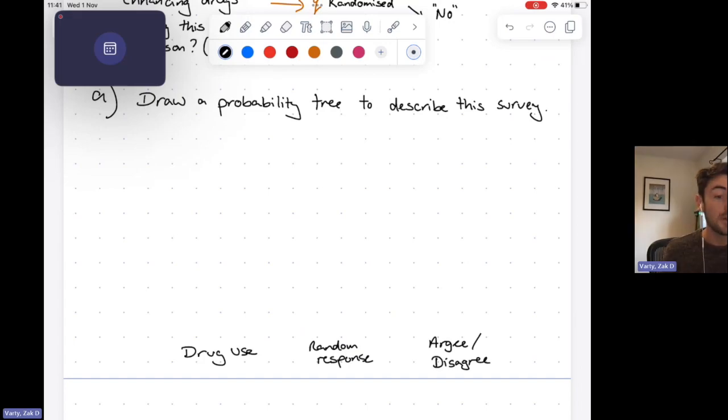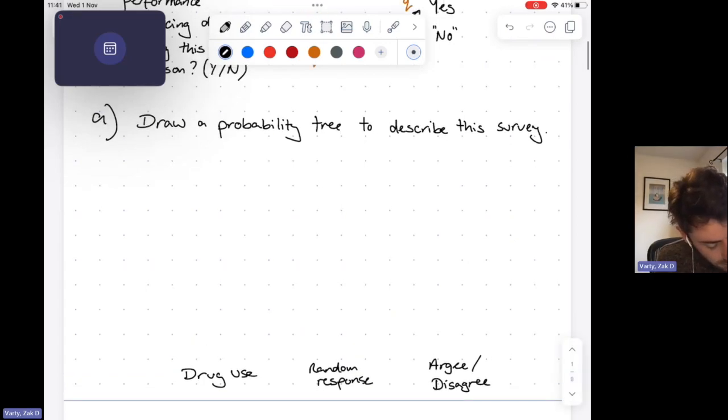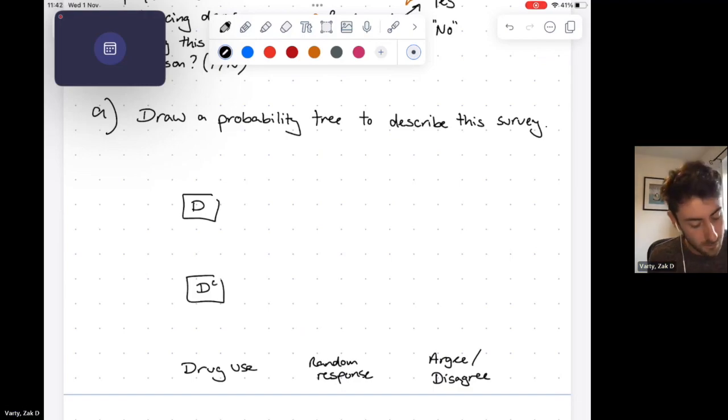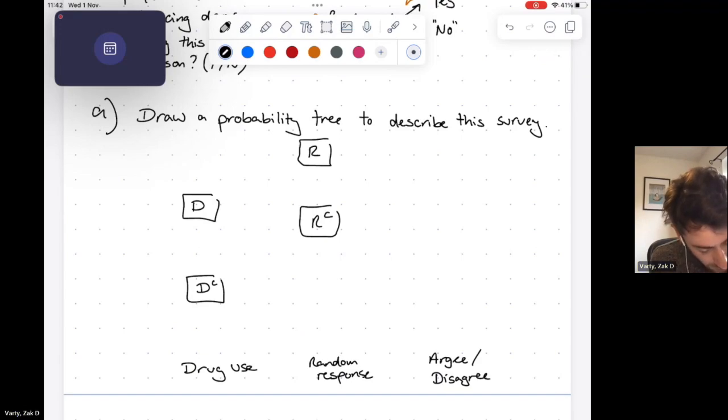We've been given some notation in the question about how to denote this. Study drug use is the random variable D, so D if they do use study drugs, and D complement if they don't. Similarly, randomized response is an R if they're assigned to give a random response, and R complement if they're responding directly.